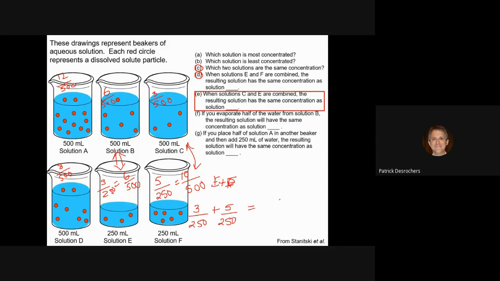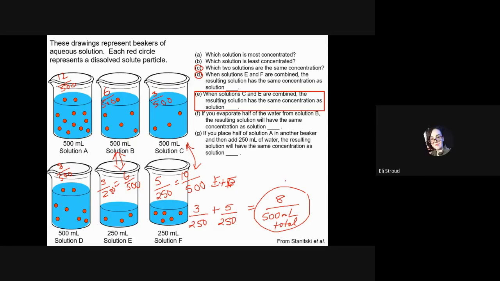That would end up being 8, and I realize normally you don't add fractions, but we would get 500 mils total in a solution. That's the same as which one? What'd you say, Eli?